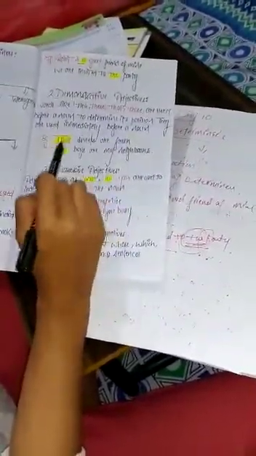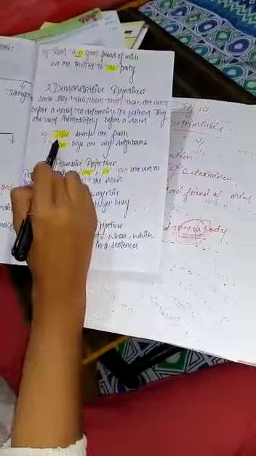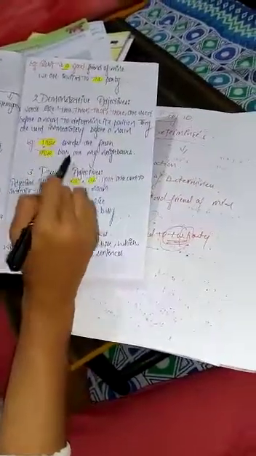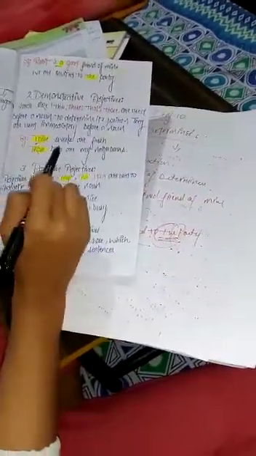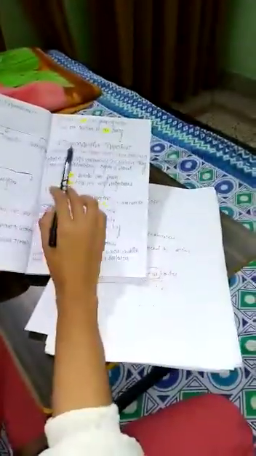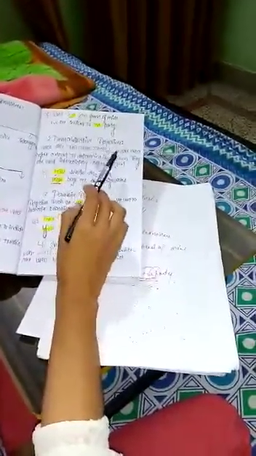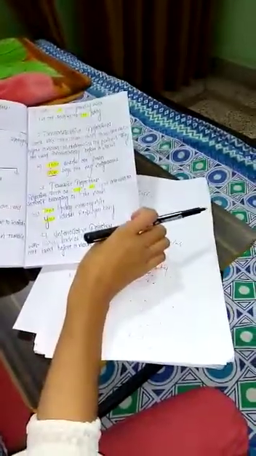Here sweets is the noun, and these is used before it. Those boys are my neighbors. Here boys is the noun and those is used before it. So, those is a demonstrative adjective. So, what are demonstrative adjectives? Words like this, these, that and those are demonstrative adjectives.